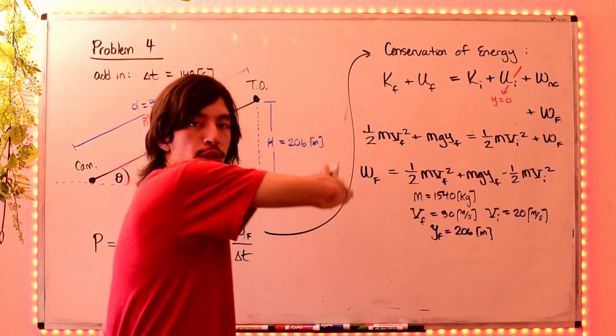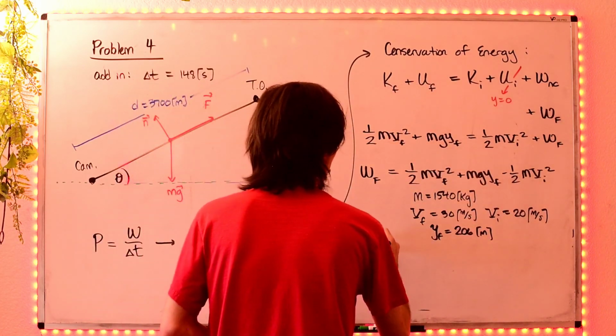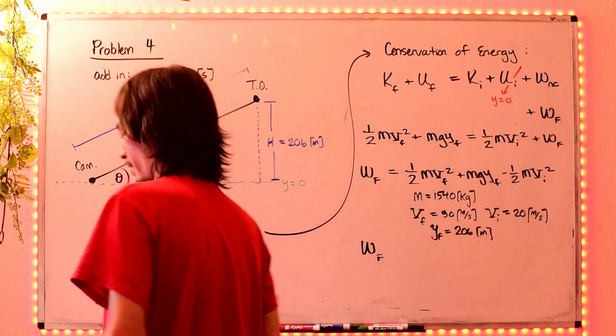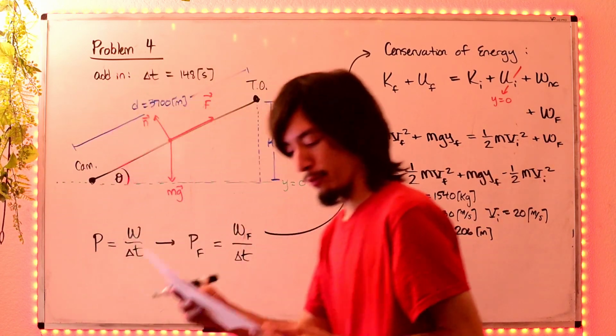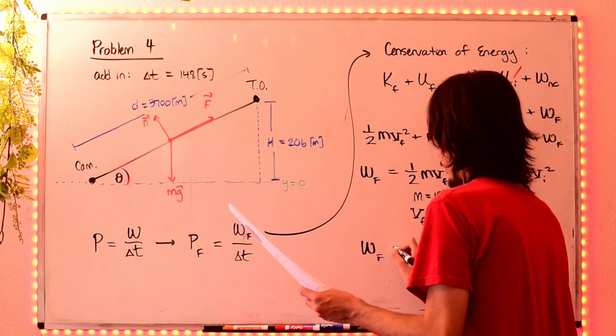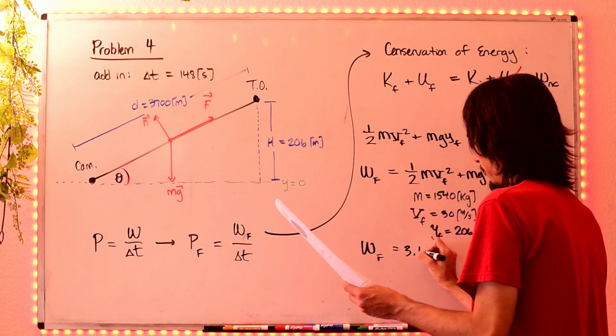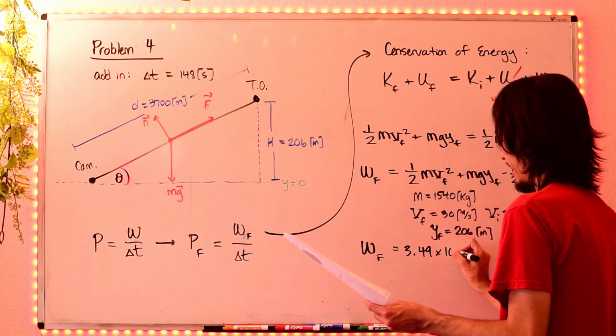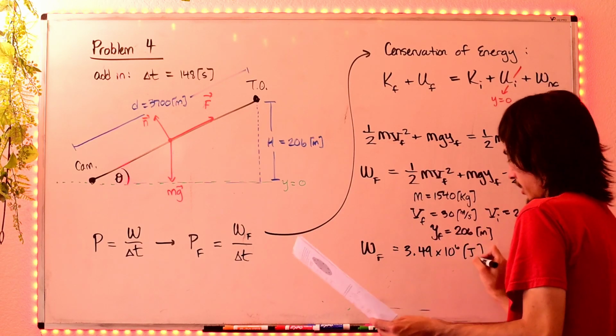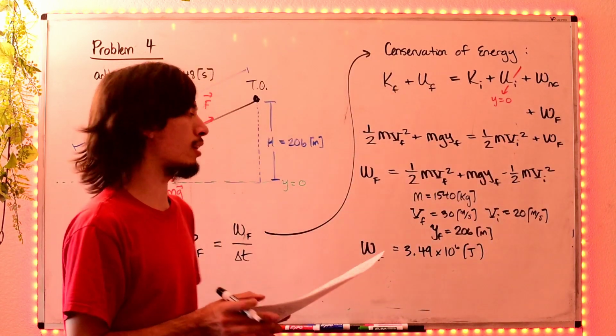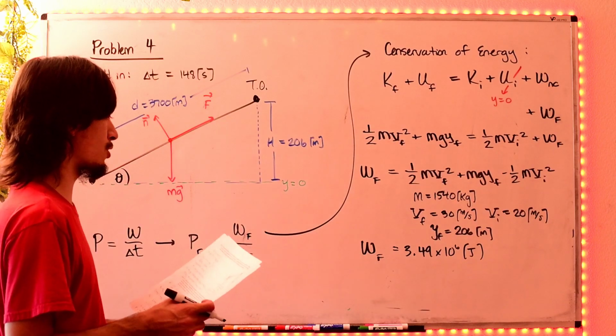Plug all these values in, and you're going to get the following for the work done by the force F: 3.49 times 10 to the 6th joules of energy. So in other words, about 3.5 million joules.